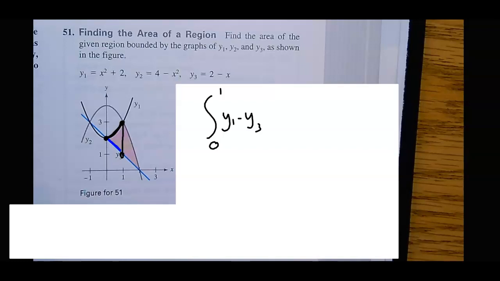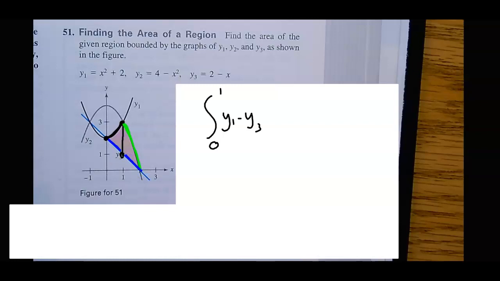But the reason why I stopped there is because after that point, something happens. It's no longer the relationship between y1 and y3, but after that point, the pink area is between this green line, which is this function here. It's between the green line and the blue line.